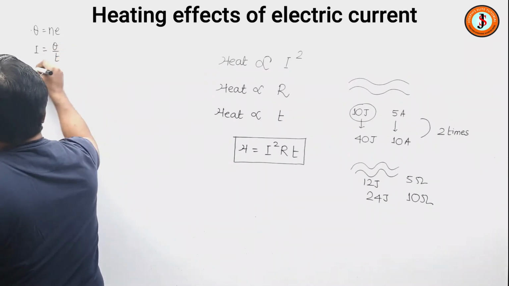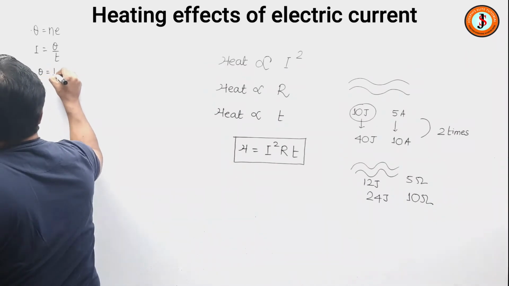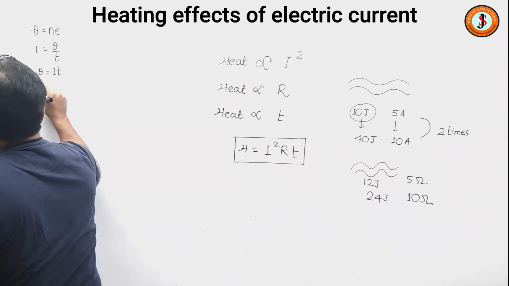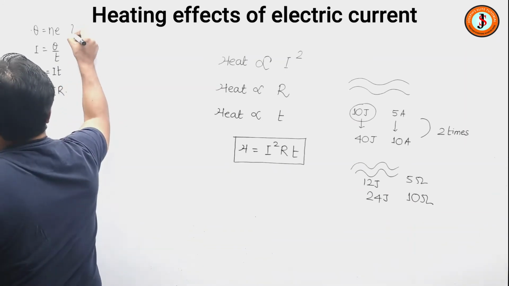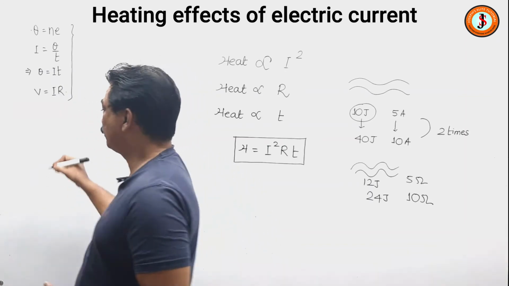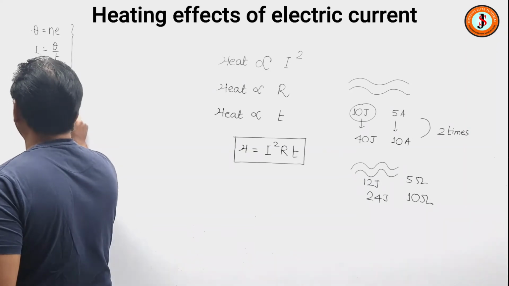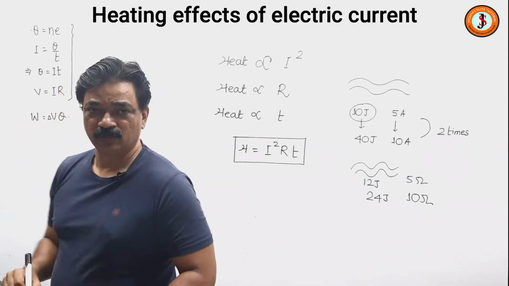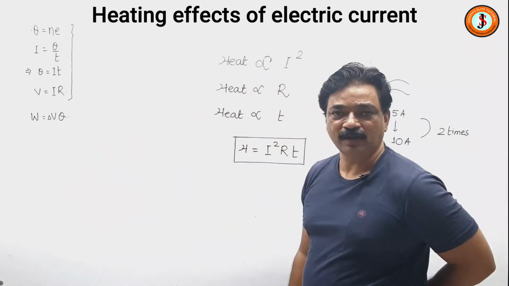So Q is equal to IT, and also V is equal to IR. Electrical work done, during the definition of potential we studied, is equal to change in potential into charge in coulombs. So these are the formulas which we studied during this chapter.